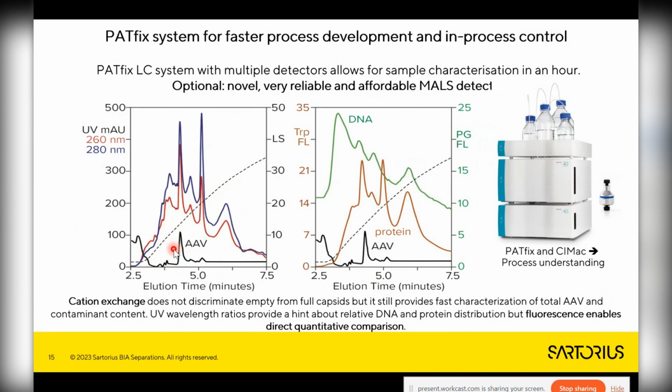What about the protein removal and the DNA removal? If you would like to boost the sensitivity for DNA, we already showed before that we are using PicoGreen. In this case, the PicoGreen is used on the cation exchanger, so we can also see the removal of DNA-related impurities.